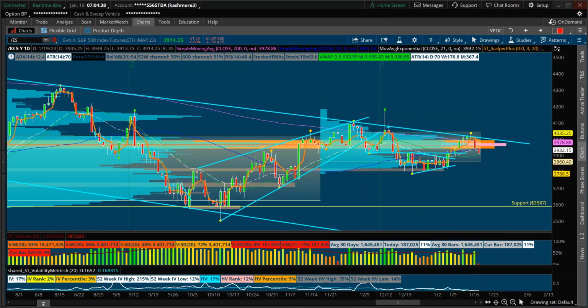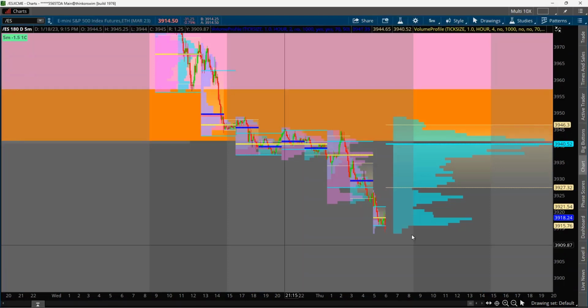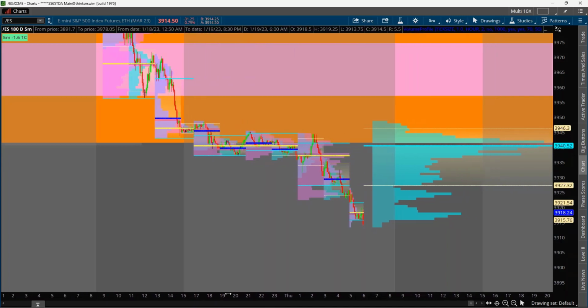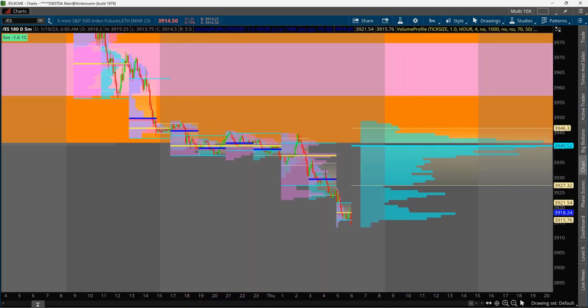So one other thing that has been beneficial to me as far as anticipating which direction to take the day trade. So up here is that 90-day point of control that was still highlighted on the other chart, right?